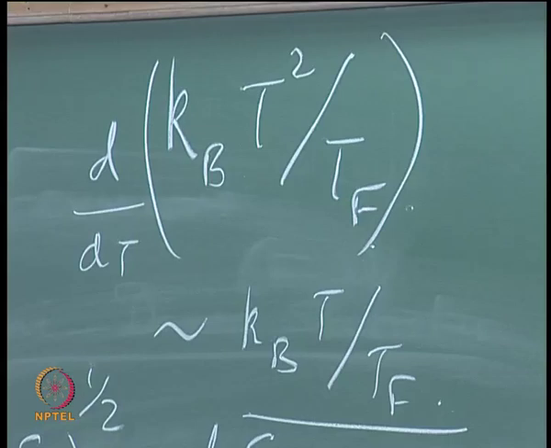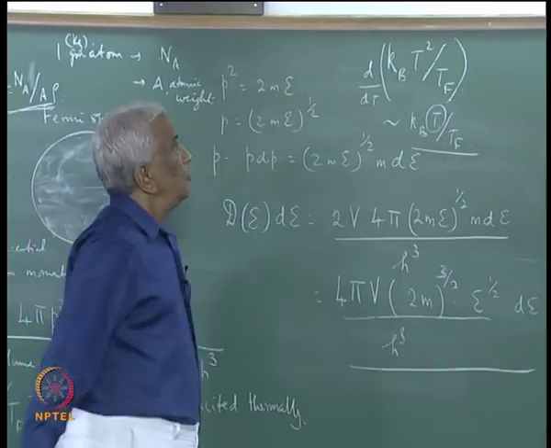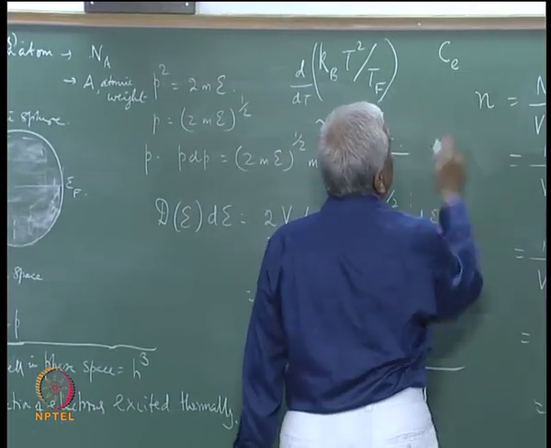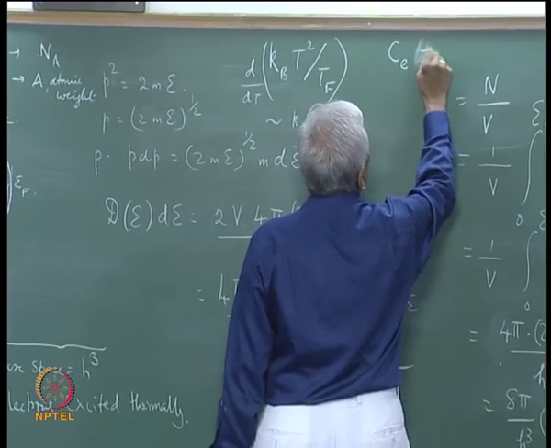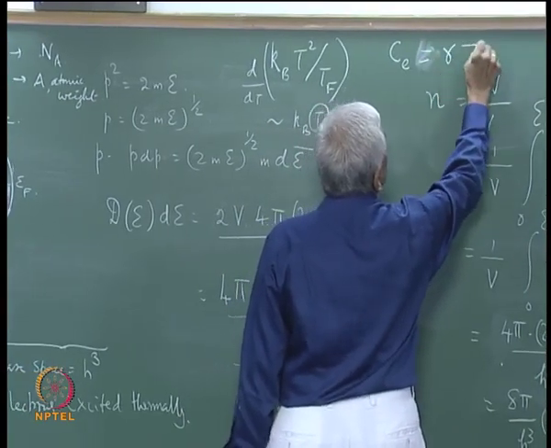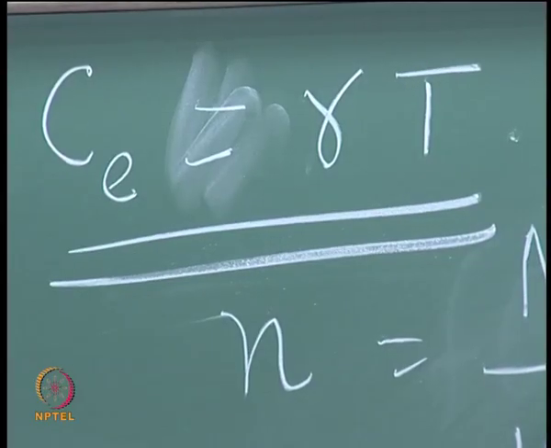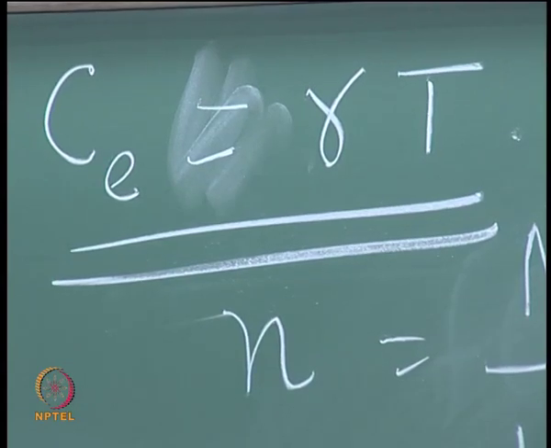It is proportional to the temperature T. So, the electronic heat capacity or CE, the electronic specific heat is equal to a constant times the temperature. So, that is the basic result that we get for the electronic specific heat of the conduction electron gas.